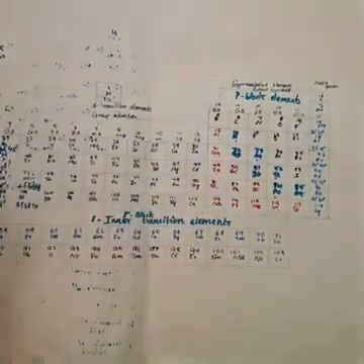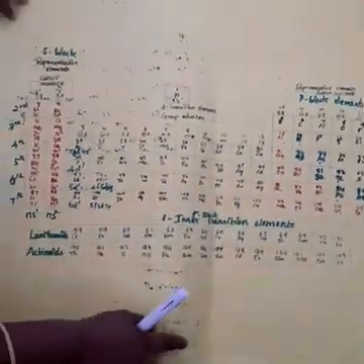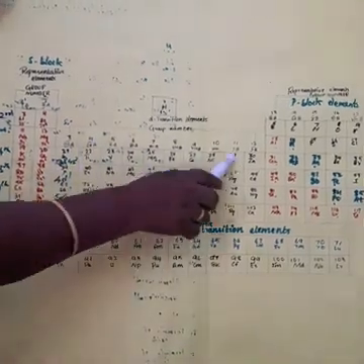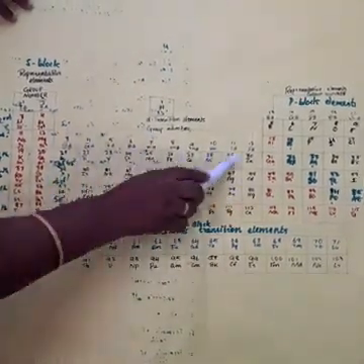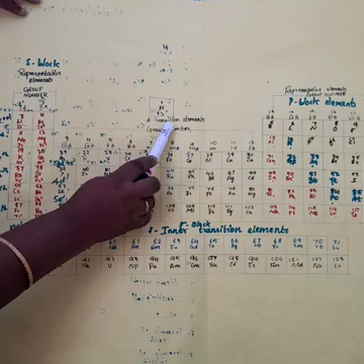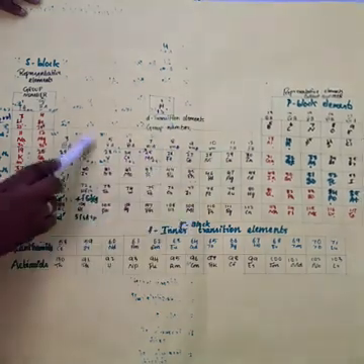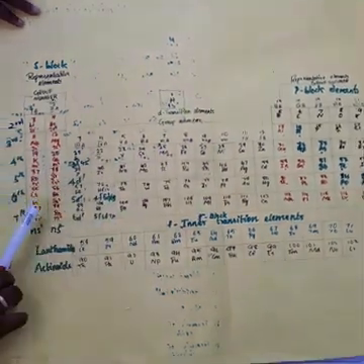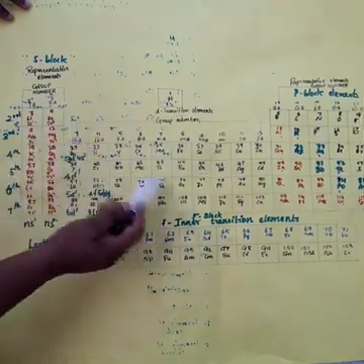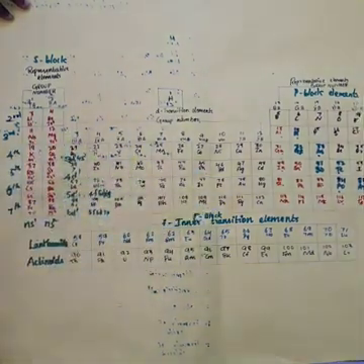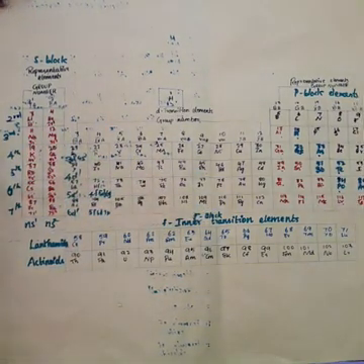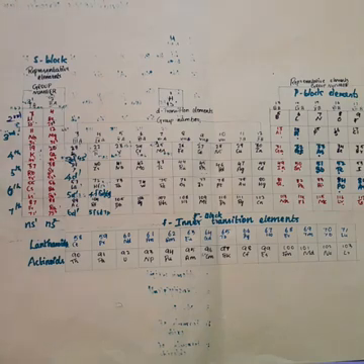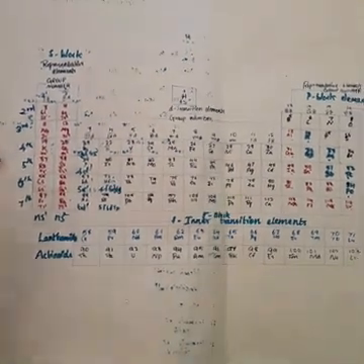But the D block elements are called the transition elements, and here some elements have different properties. I will explain that later. So group 1 and group 2 are called the S block elements.